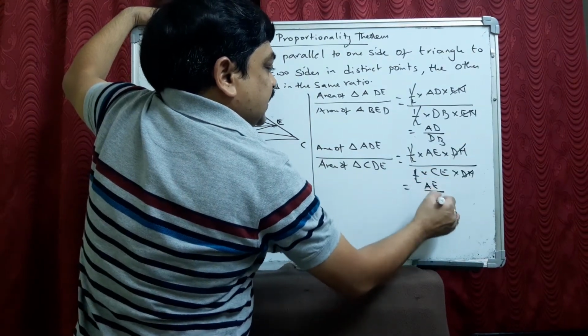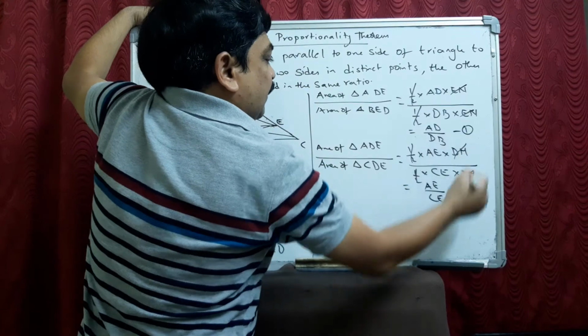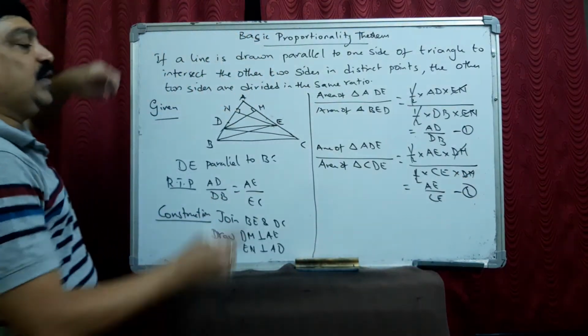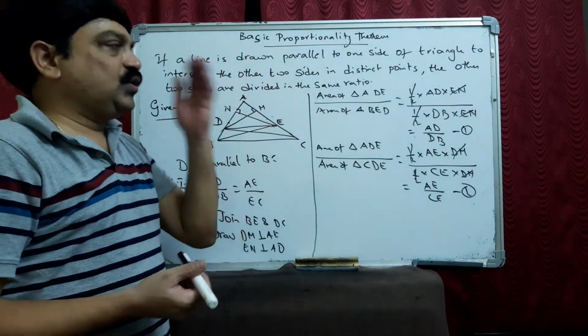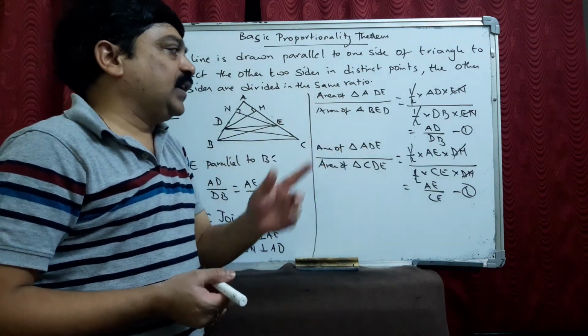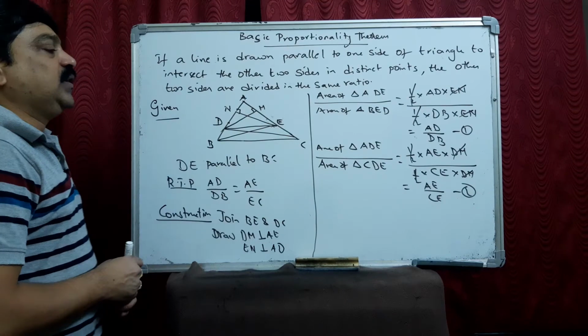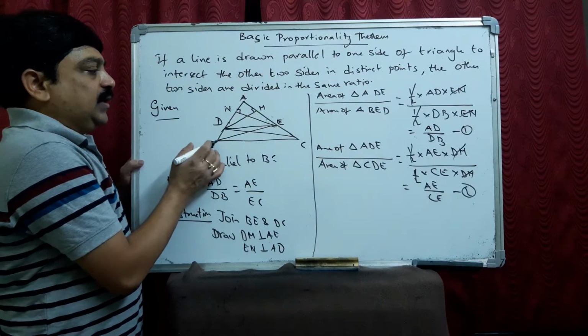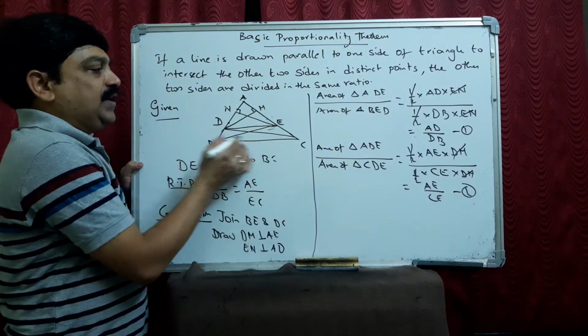So AE by CE. Now this is 1, this is 2. If you see both the ratios, the numerator is the same in both: area of triangle ADE. What about the denominator? The denominator is triangle BED and CED.